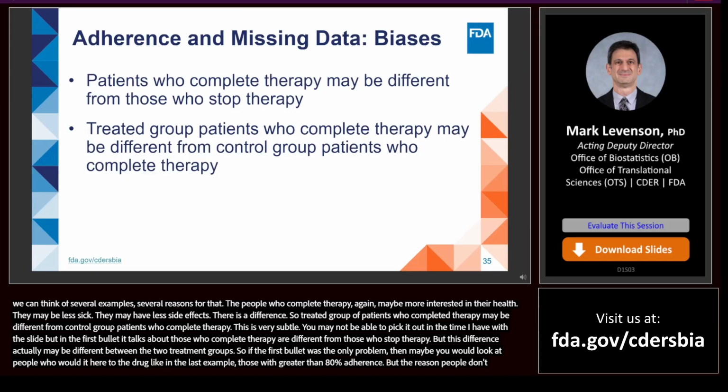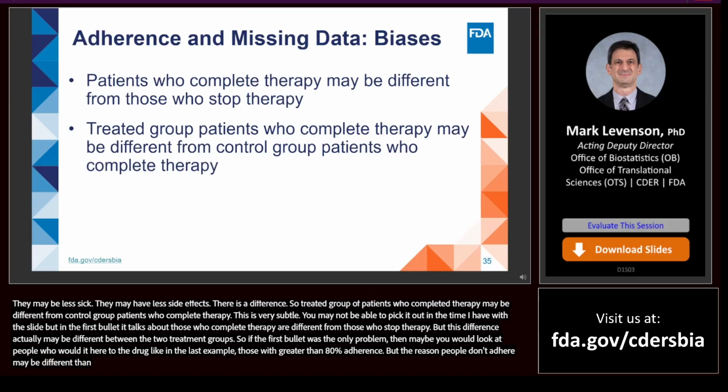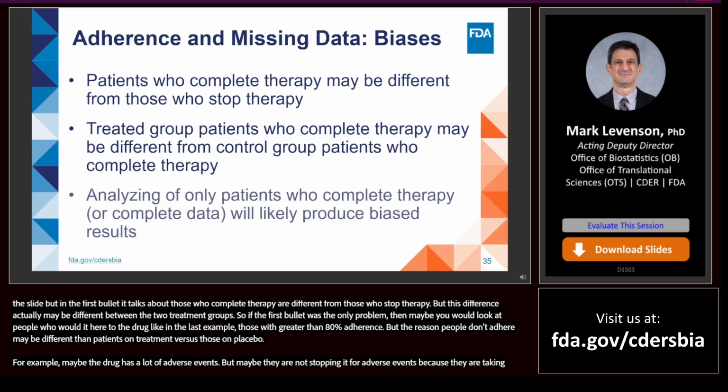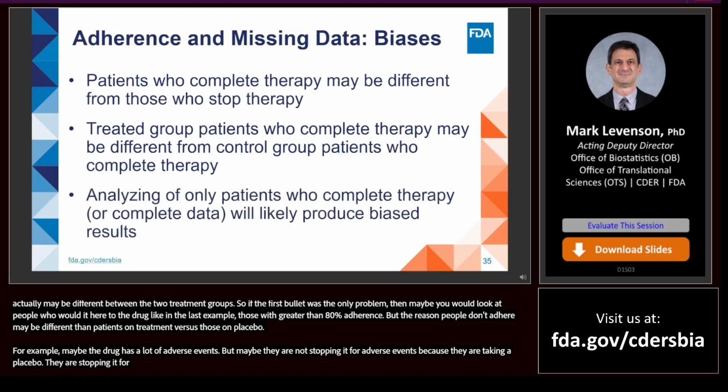For example, maybe this drug has a lot of adverse events associated with it. So the people prone to adverse events stop treatment. But on the placebo, those who stop it are not stopping it for adverse events because they're only taking placebo. They're stopping it for other reasons. So this is a rather subtle point, but it explains why we just can't look at adherers. Analyzing only patients who complete therapy, or what we call complete data, will likely produce biased results. So that's the kind of conclusion of all this.